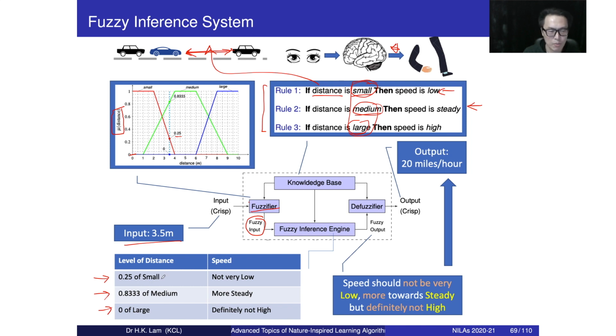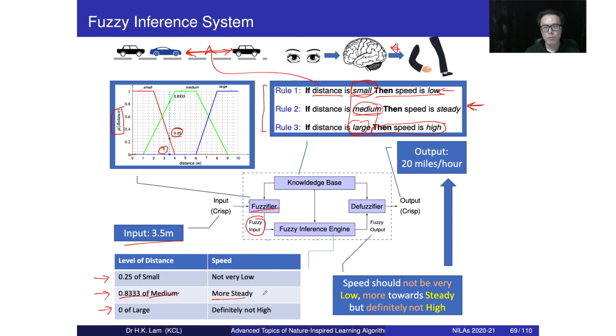I would say that it is 0.25 of small. According to the then part, the speed is not very low because the contribution of this rule is not much. 0.83 of medium, this rule contributes more, so I would say that it would be more steady. And the next one, 0 of large because of this value.